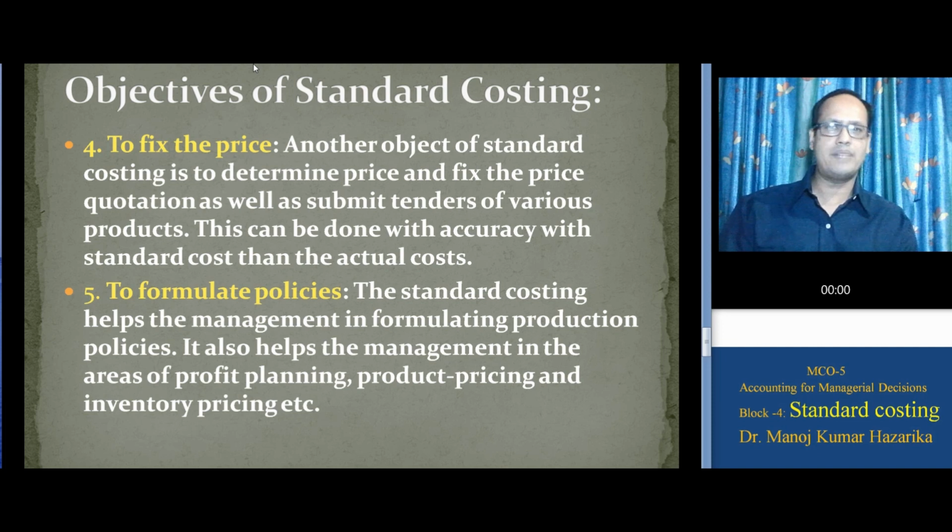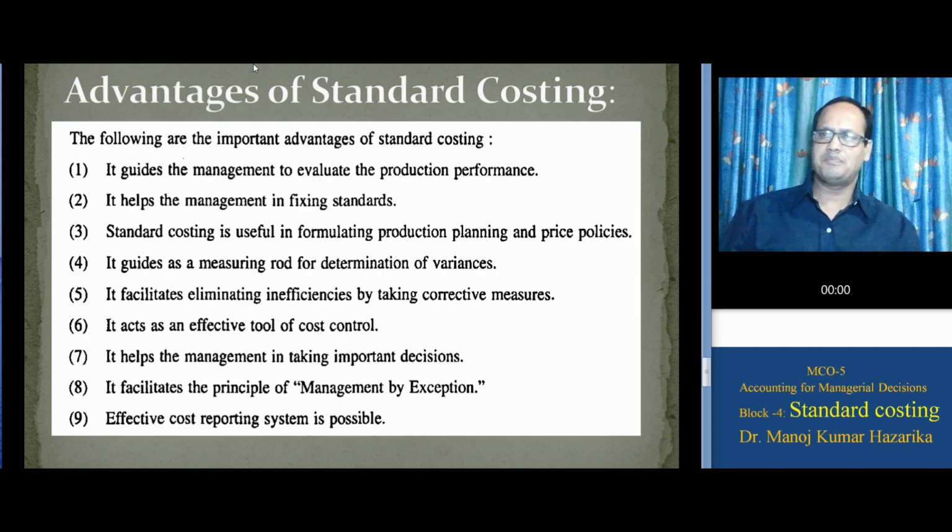Next, to formulate policies. Standard costing helps the management in formulating production policies. It also helps the management in the areas of profit planning, product pricing, and inventory pricing, etc.